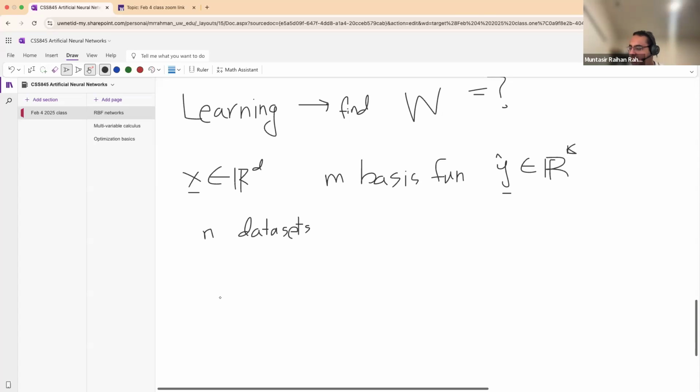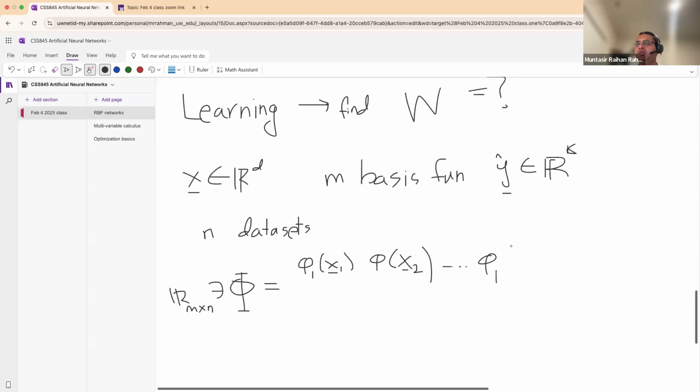I'm going to form a number of matrices. Let's first look at this phi matrix, which is going to live in the space R, M by N. What this is going to look like: we apply the first basis function on the first input vector, and then the first basis function on the second input vector, and finally the first to the nth vector.